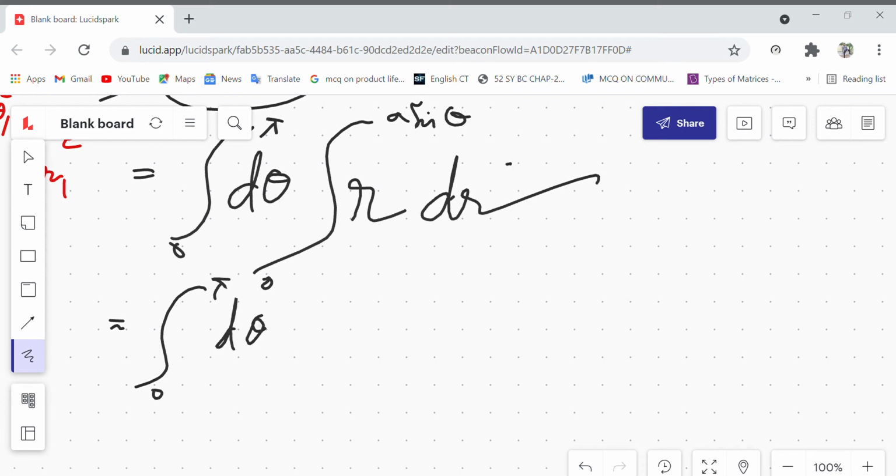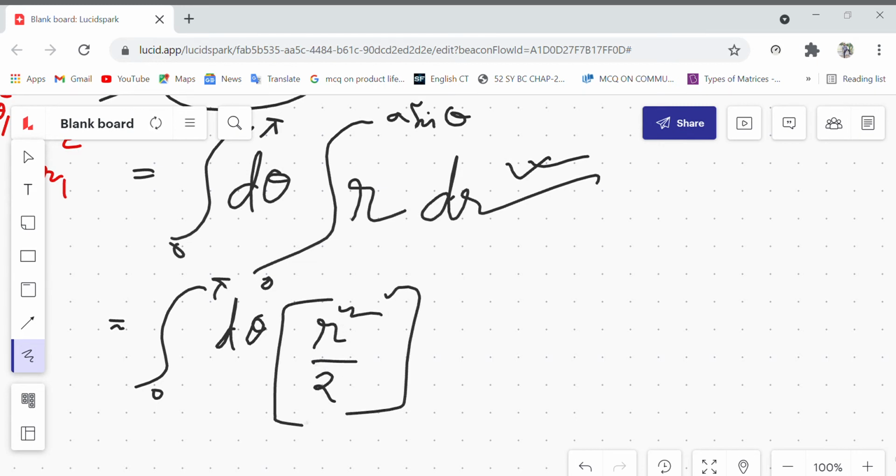This we have to integrate first. R, what can we do? It is r square by 2, 0 to a sine theta.